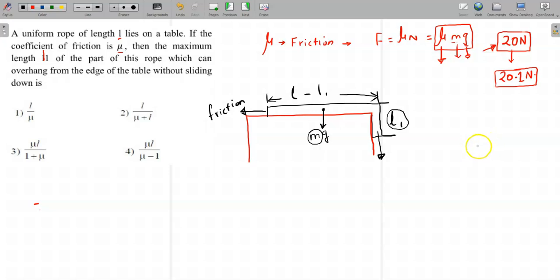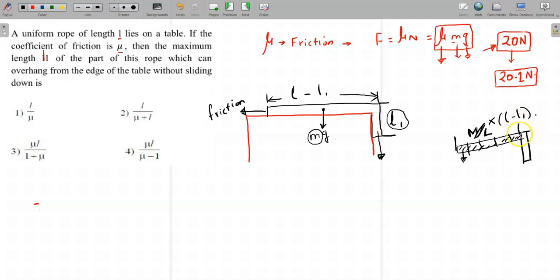How do we find the mass? The mass is distributed equally, so every equal length has an equal mass. So you can write mass per unit length, total mass per total length, multiplied by L minus L1, because we have two sections here.